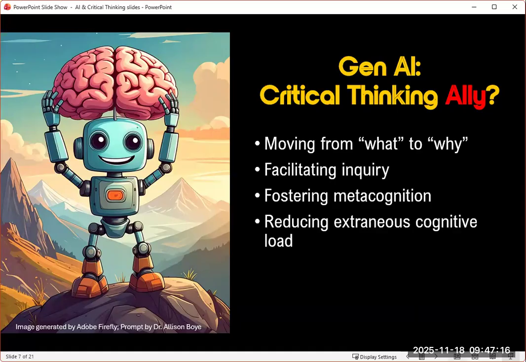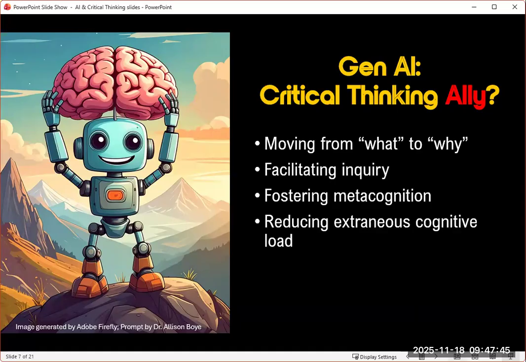Fostering metacognition is another really interesting benefit, I think. When we have our students interact with generative AI in a structured, meaningful way, especially when doing things like analyzing outputs or engaging with alternative perspectives, again, that can help students reflect on their own cognitive processes and assumptions, right? So it can help foster some of that self-awareness in our students and help them refine their reasoning and judgment over time.